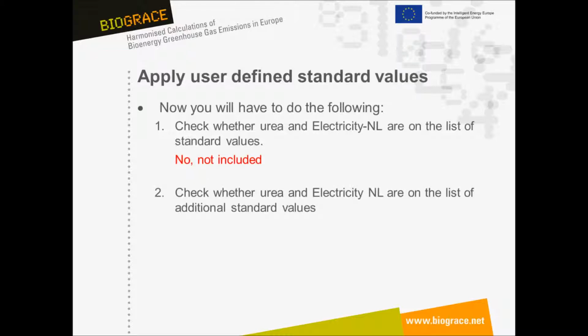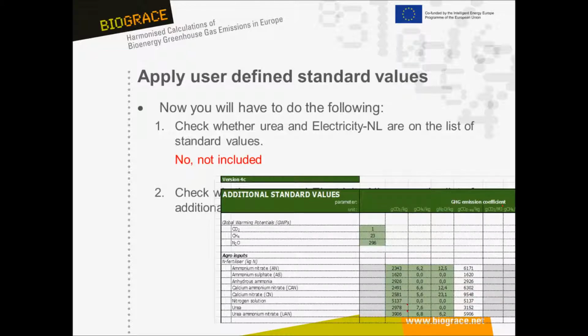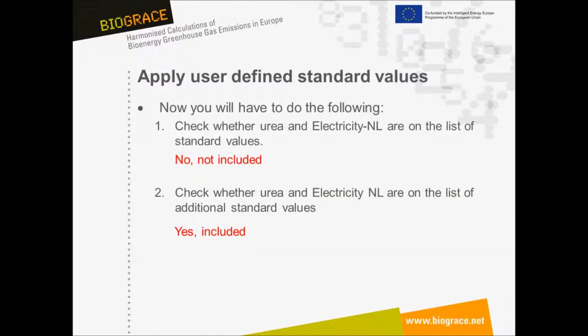Then you will open the list of additional standard values and do the same. There you will find urea. You see it listed here at the lower end of the part of the list that is visible here. Electricity NL is also included, so the conclusion is included.